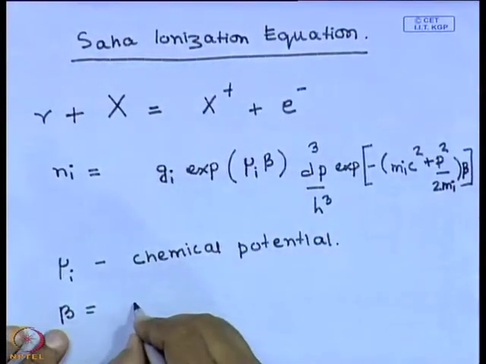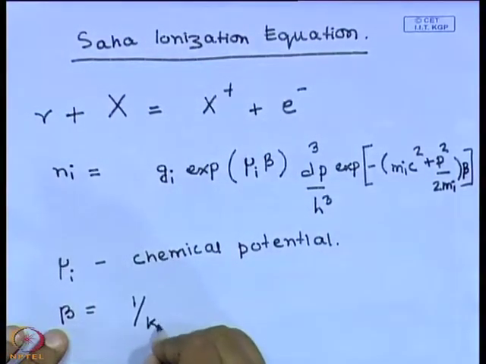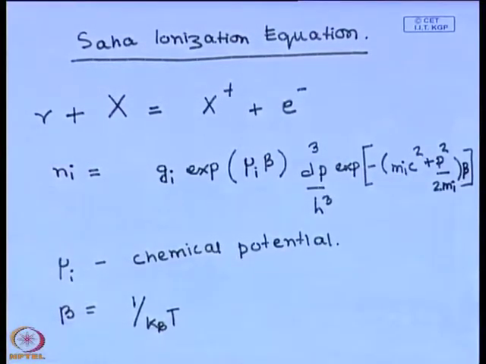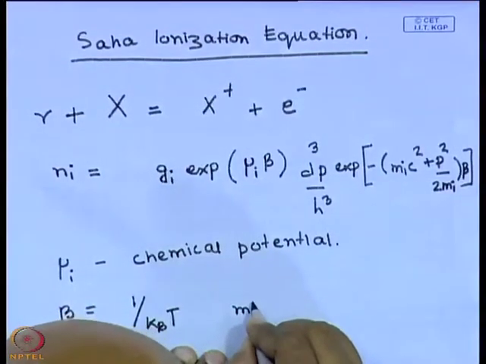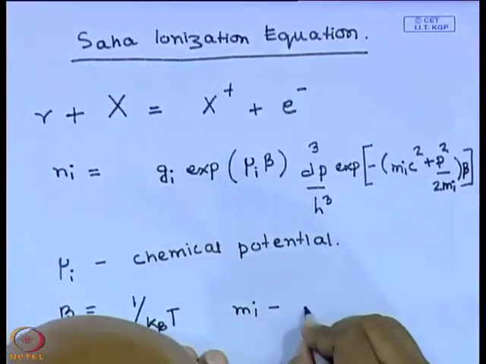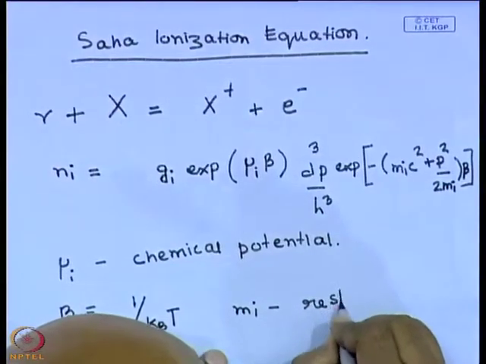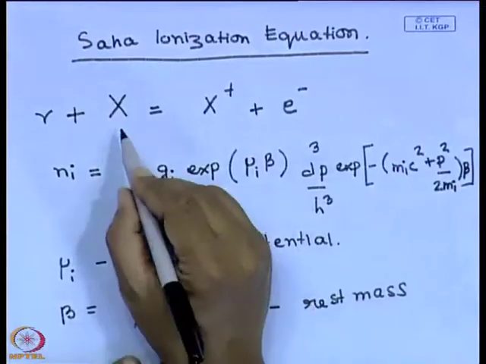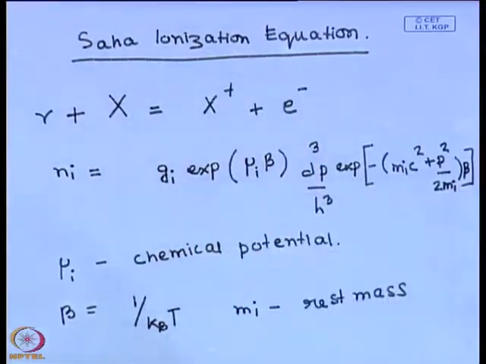It is 1 by the Boltzmann factor into the temperature. m_i is the rest mass of the ith species, and i could refer to either the atom, the ion or the electron.